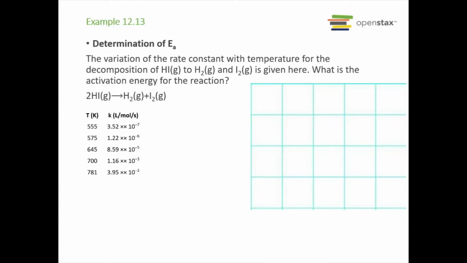But remember, for our equation, we're not looking at just temperature versus K. We need the natural log of K is equal to negative EA over R times 1 over T plus the natural log of A. So we need to do 1 over T and the natural log of K, because that's what we're plotting.